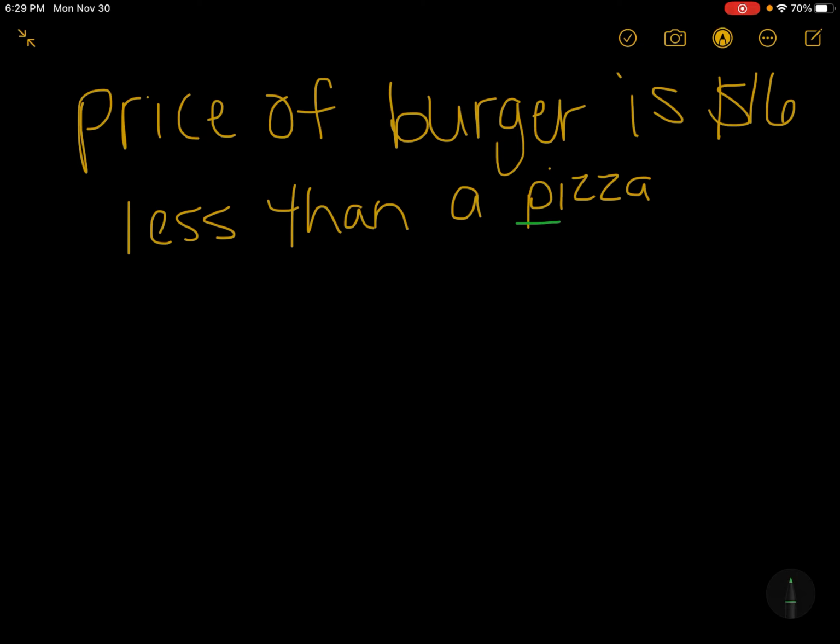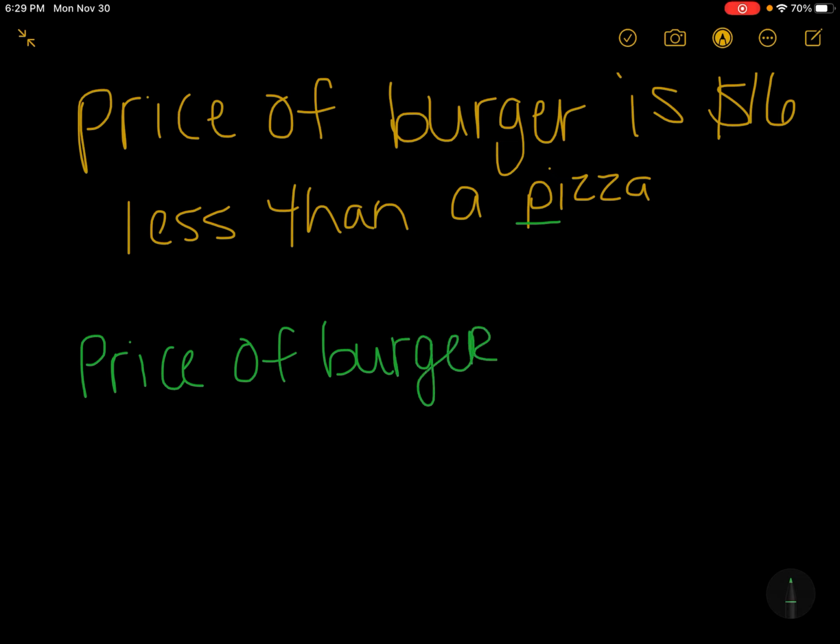We don't know what it is, so we have to represent that price with a variable, in this case, P. So the price of a burger is, what are we looking for here is the first question we would ask, and we're looking for the price of a burger. So we could say, literally, price of burger.